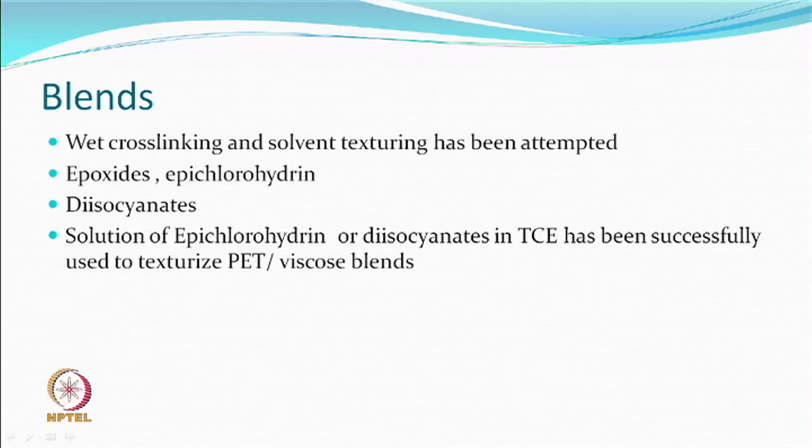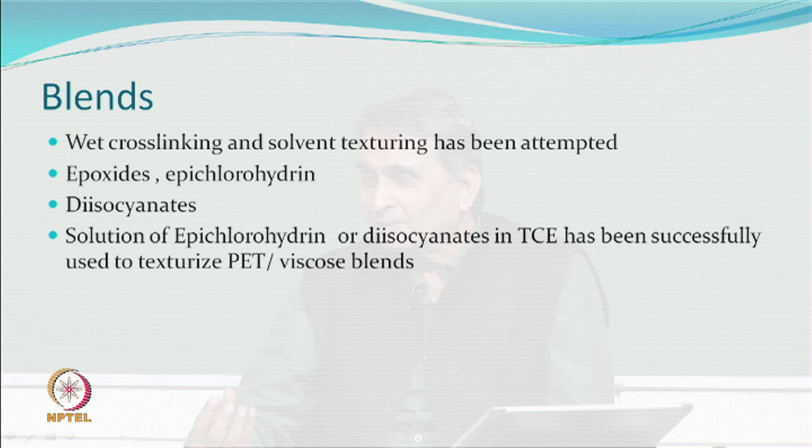Blends are a different story. People have obviously worked on blends in a solvent too, but if there is a blend, how do we work around it? One solvent may suit one part of the fiber and a different solvent the other part, like polyester and viscose, which have different kinds of solvents. How do you work?